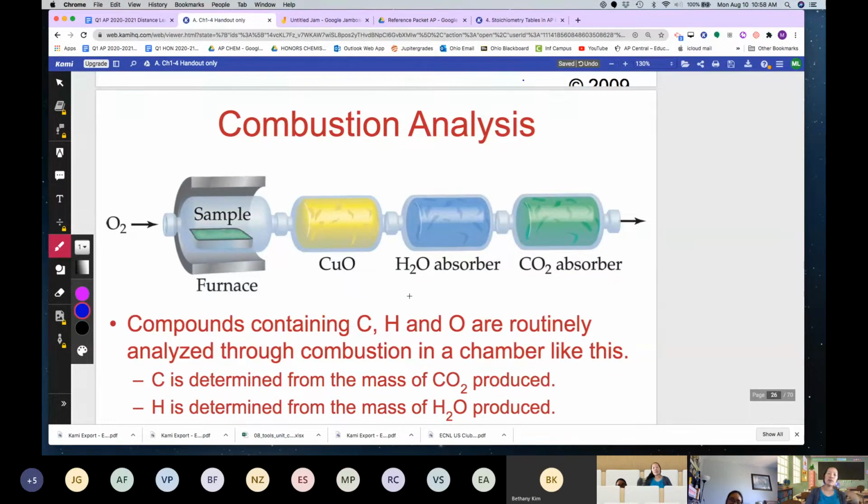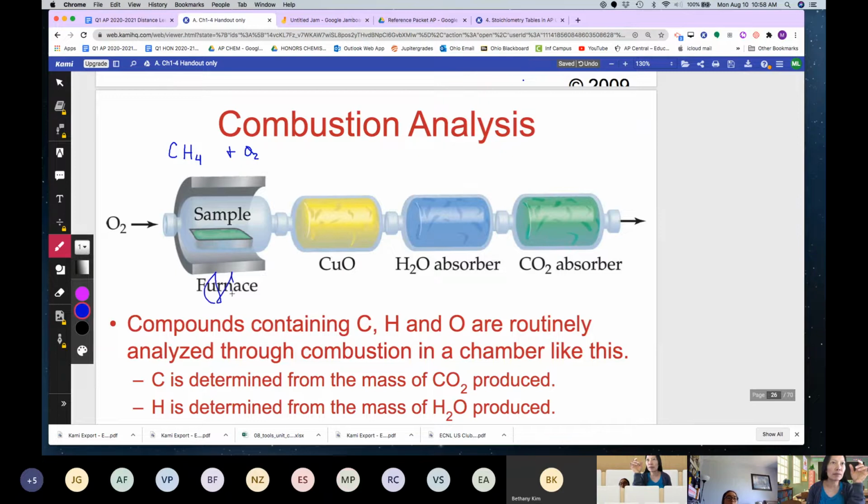Okay, so this one is the same thing, but you don't have a mass spec. What you have is this big furnace. So instead of sending it through the mass spec, you're going to burn it. Let's say it's a hydrocarbon, let's say methane on your stove. If you put it through this machine, it will combine with oxygen when you burn it.